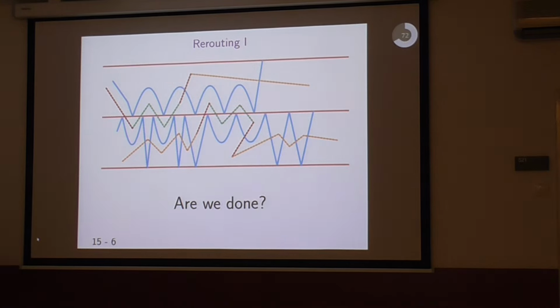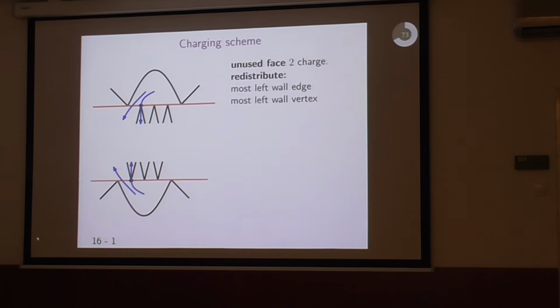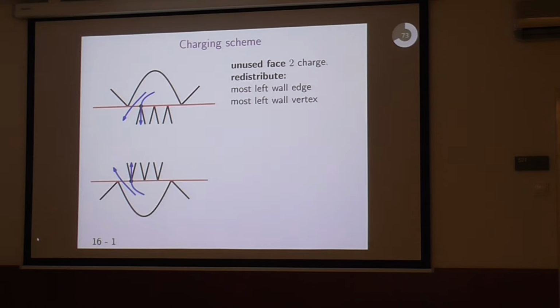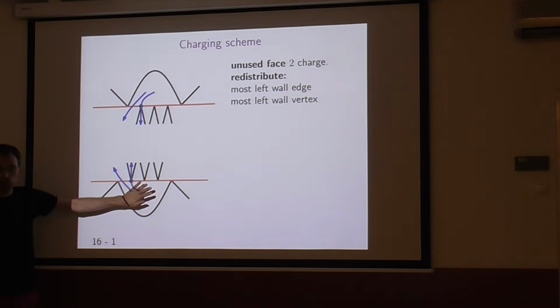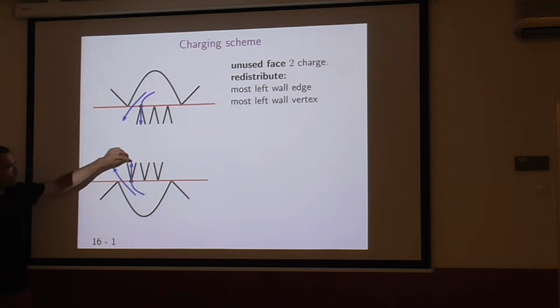Okay. So the question is, is this rerouting sufficient in order to show that we have traversed 2/3 of all the faces? And the answer is no, but imagine we would want to show now we traversed 2/3 of all the faces. Then there is a very simple argument you could imagine: you give every non-traversed face, so this face may be non-traversed, a charge of 2, and this charge you distribute to 2 traversed faces.